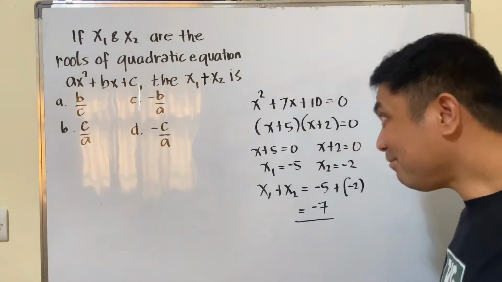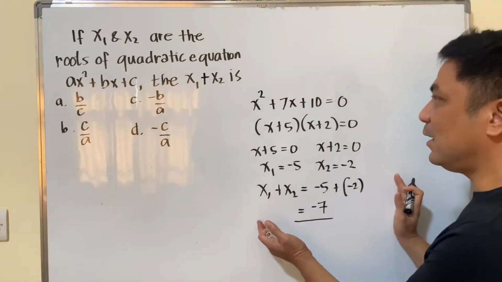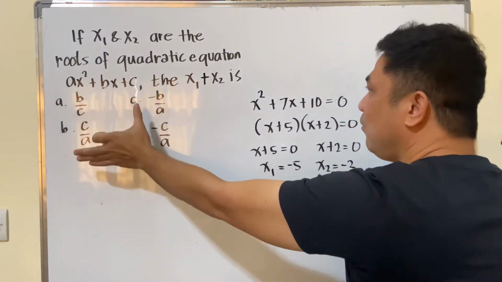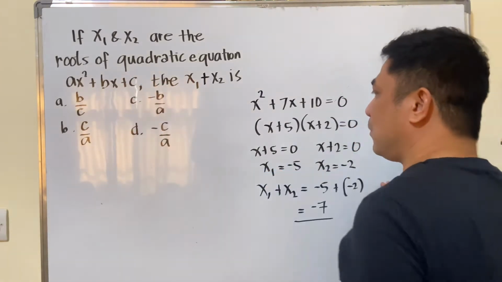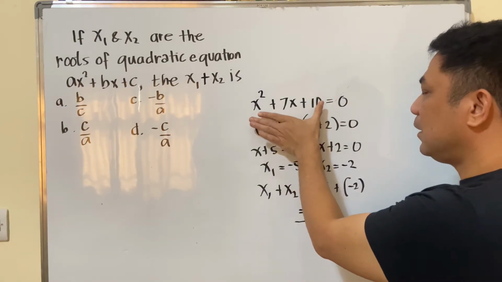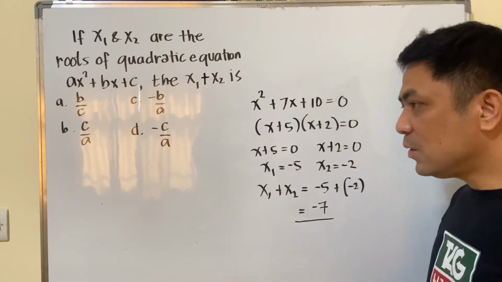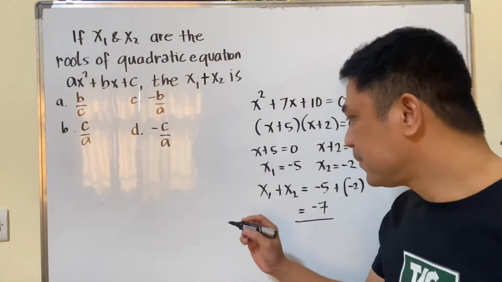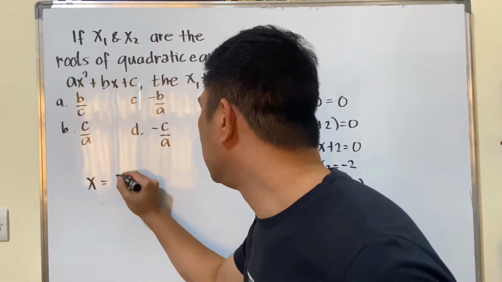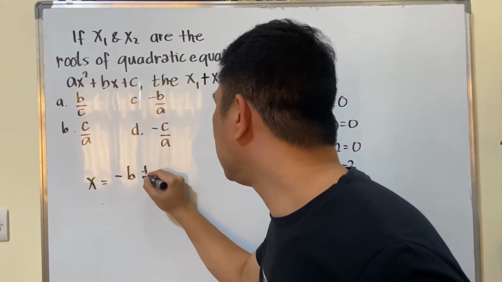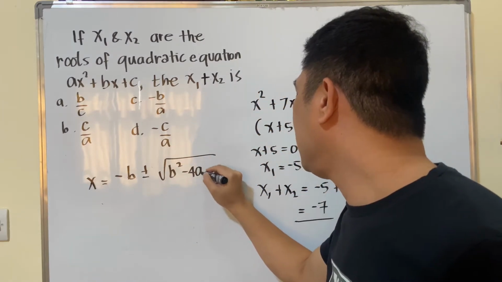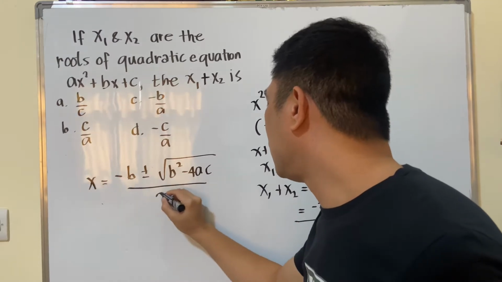I just presented this first to see how we can arrive at an answer for this particular problem. Another way to get the roots of a quadratic equation is using the quadratic formula: x is equal to negative b plus and minus the square root of b squared minus 4ac over 2a.